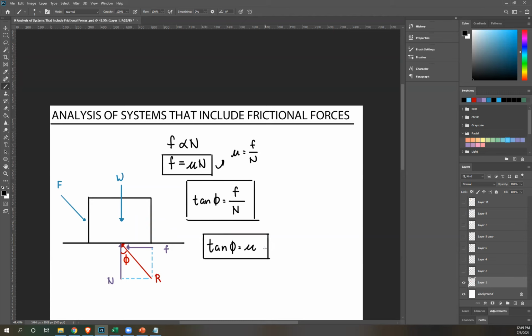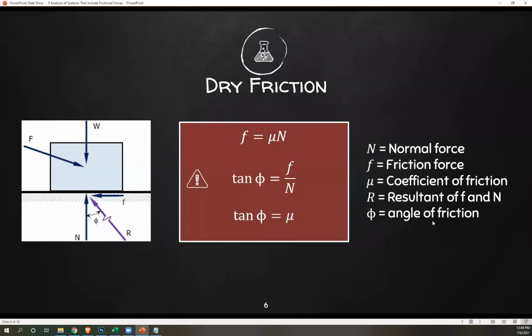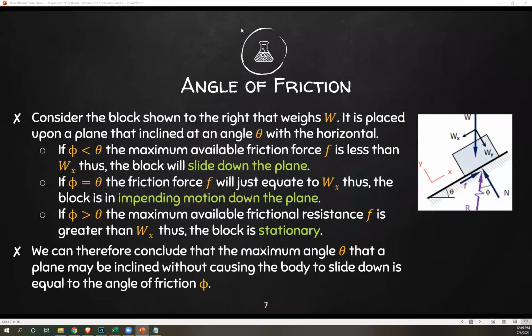So if the coefficient of friction is given, it's easy to figure out what this phi is. And phi is your angle of friction, which will come in handy in determining whether your object is moving or stationary. So again, angle of friction is helpful to determine if it's moving or not.